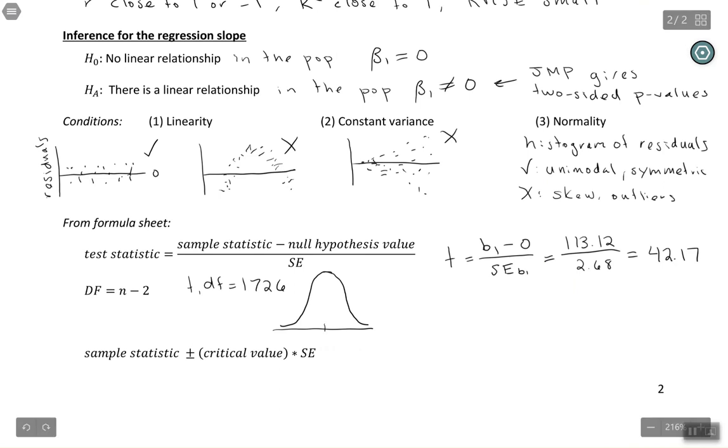So a t-distribution with that large degrees of freedom, it's going to go basically to 3 and -3. So 42.17 is going to be way off the charts over here. And technically this would be a two-sided test, so you'd be shading on each side, but it's kind of ridiculous because that's going to be so far out there.